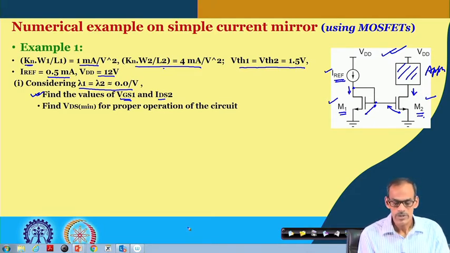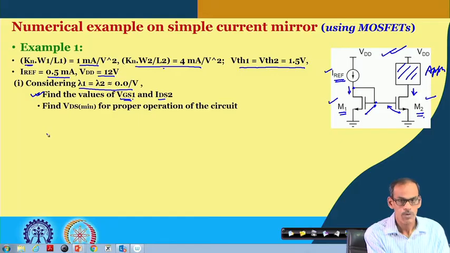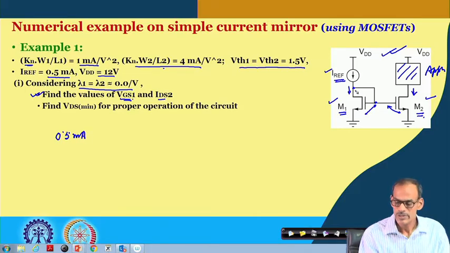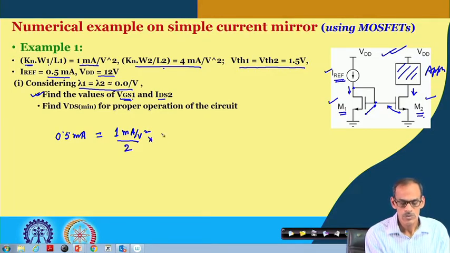So, let me start with the calculation of VGS1 for I reference equals 0.5 milliampere. That is the IDS, which equals K W by L, which is 1 milliampere per volt square, by 2, into (VGS1 minus VTH) square.